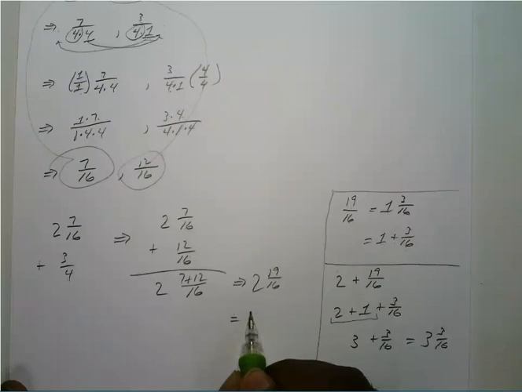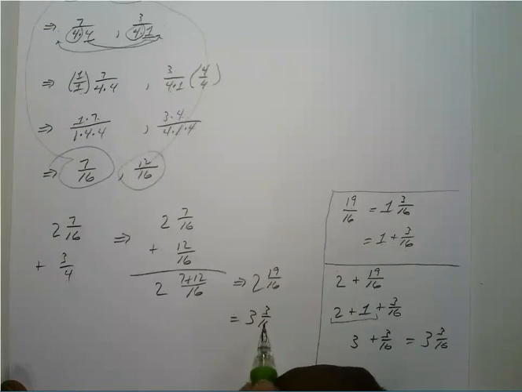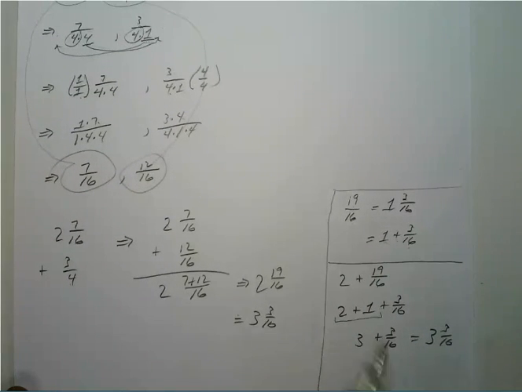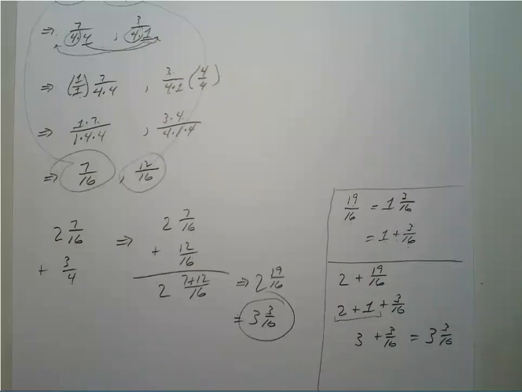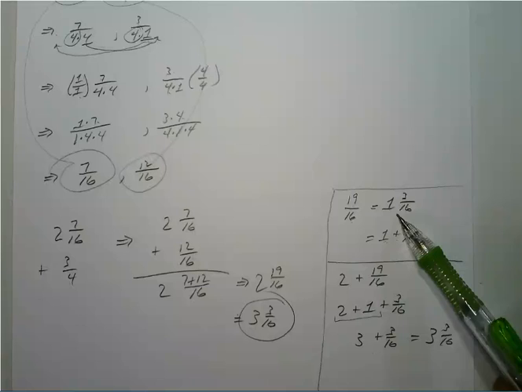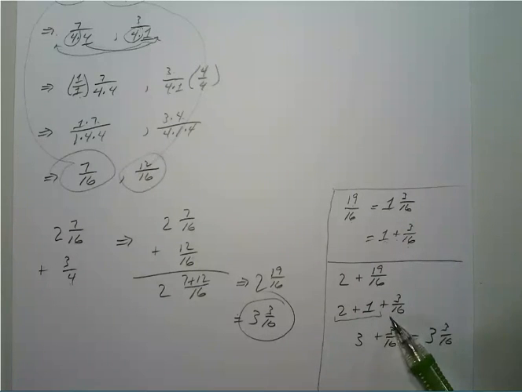So this is equal to 3 3/16. All right, so it can be a little bit tricky, but as long as you remember how to separate your mixed numbers, that's the key behind it. It's just learning to separate your mixed numbers to get the answer that you want.